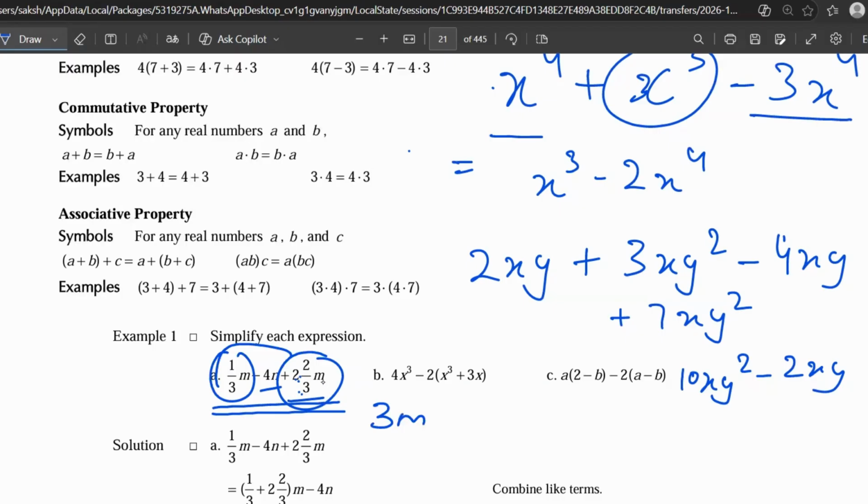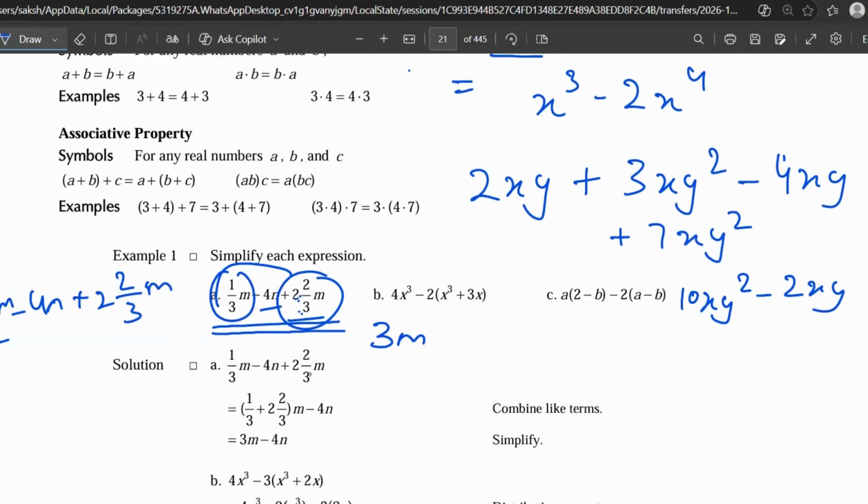Generally, for this, the power is the same. But what if I make it like 1 over 2 minus 1 over 2 to the power of 3m minus 4n plus 2 over 3 to the power of 3m.